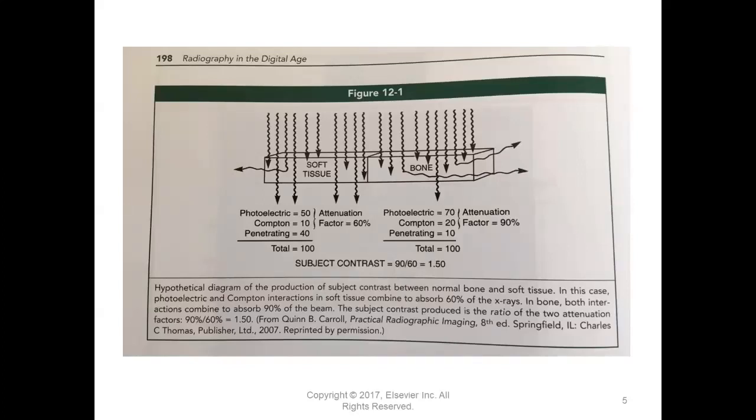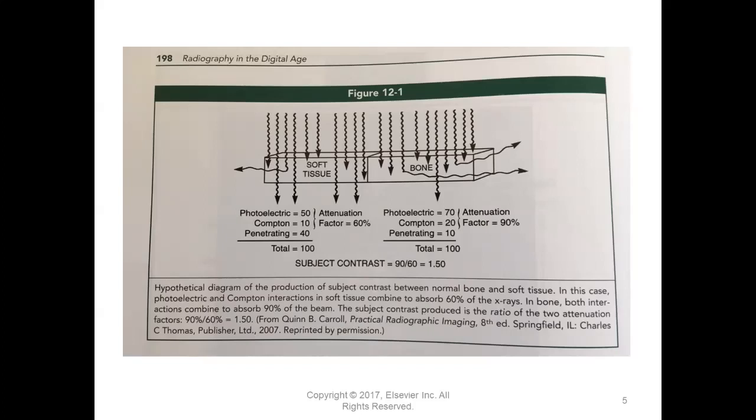Over on the soft tissue side, half of them, 50 of those X-rays, are photoelectrically absorbed. Another 10 X-rays go through Compton scatter. What's left over is 40 X-rays. Those 40 X-rays transmit, they penetrate through. Everything has to add up to 100 in this example.